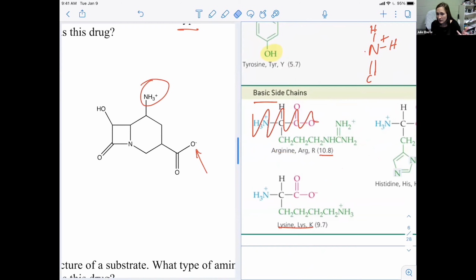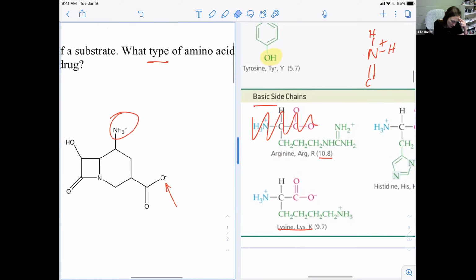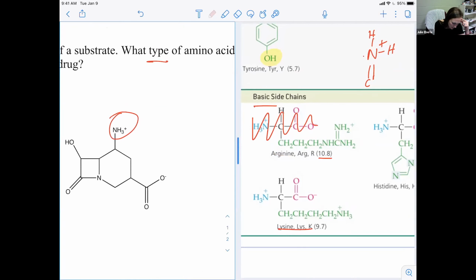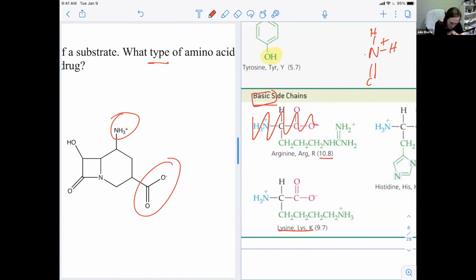And you're right. Arginine's not the only answer. Lysine could also. So the type of amino acid that's going to interact with this particular group would be a basic amino acid. We call these basic amino acids.